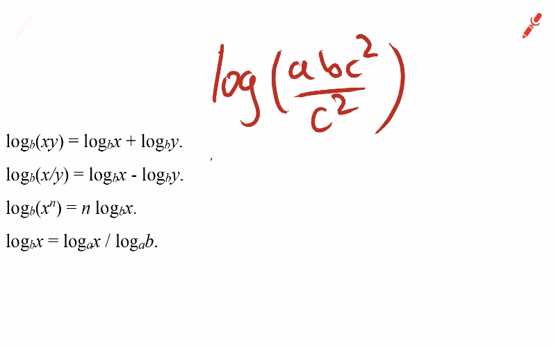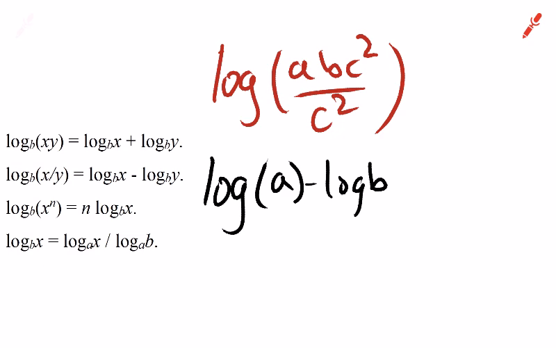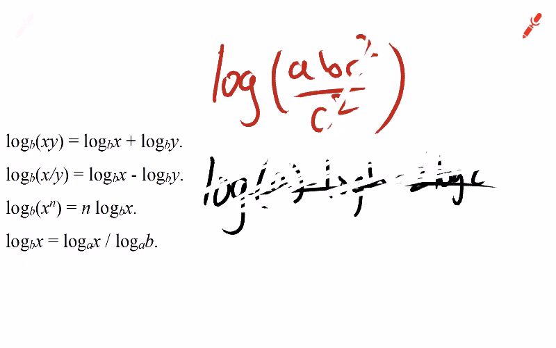Do the log of the numerator: log A plus log B plus 2 log C. Notice I pulled that 2 out in the front. There's a C squared on the bottom. C squared over C squared, those cancel out. I'm done.